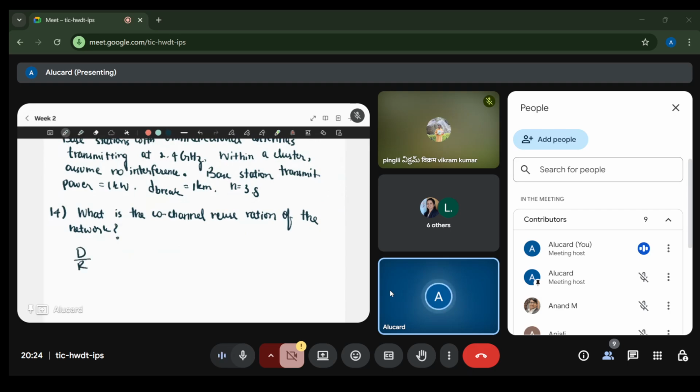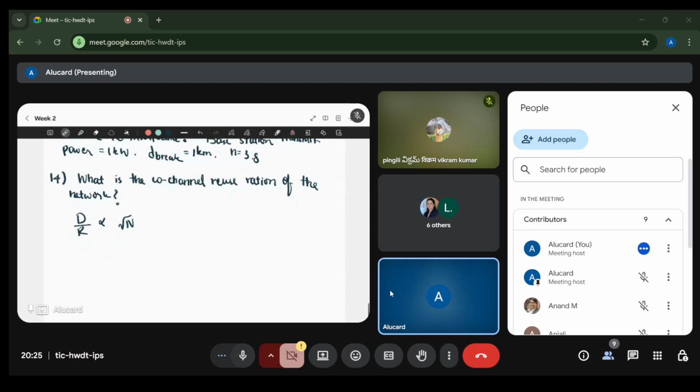So D over R is proportional to square root of n. D over R is k times square root of n.